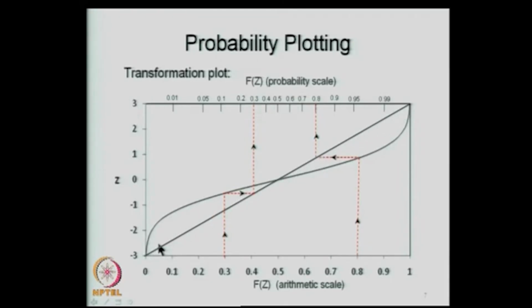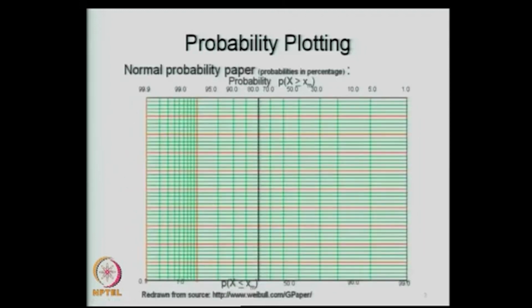So, if you plot the data that you have on the normal probability paper and it plots nearly as a straight line, then it is a reasonable assumption that the data in fact comes from a population which follows normal distribution.